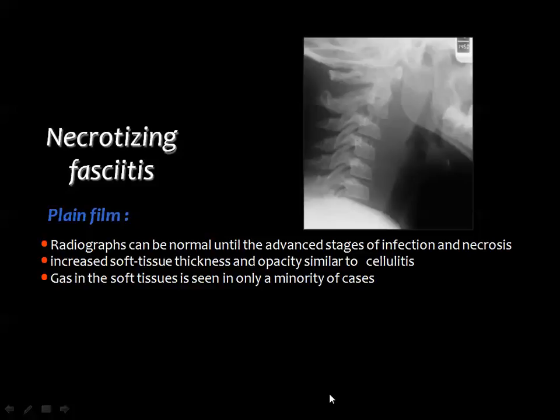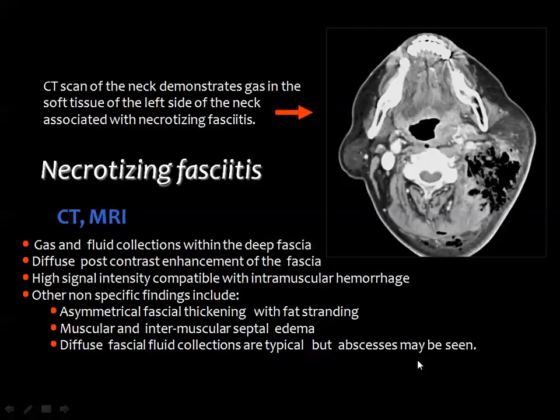The diagnosis depends on the presence of air in the involved soft tissues, and the detection of air may not be feasible by plain X-ray, but whenever you have the CT scan, you are able to see this extensive inflammatory process with the development of air loculi within the inflamed soft tissues.